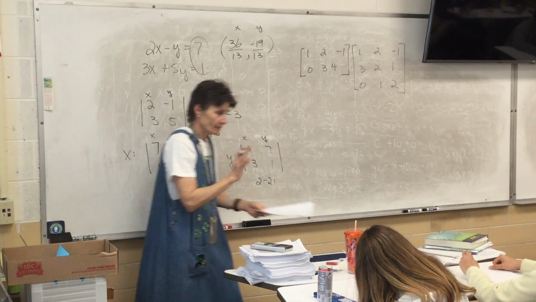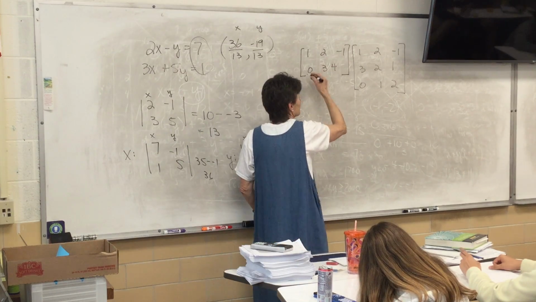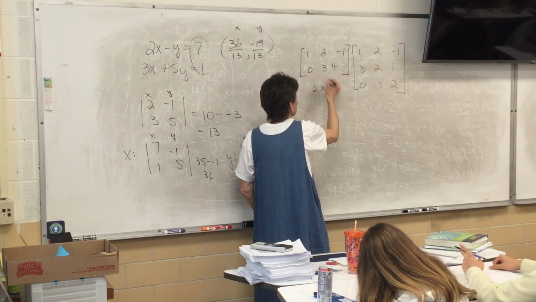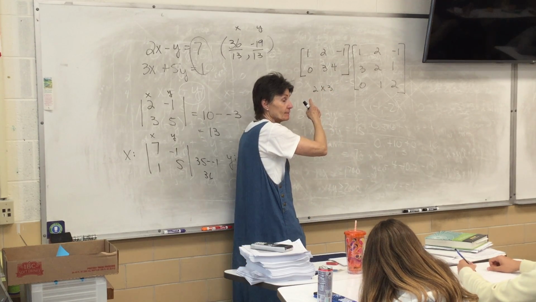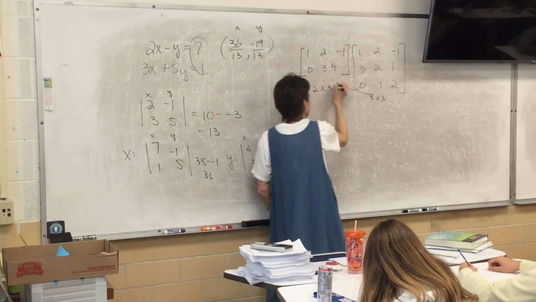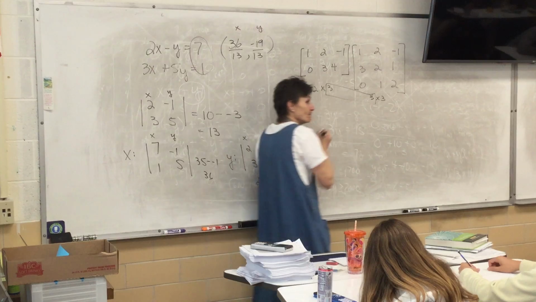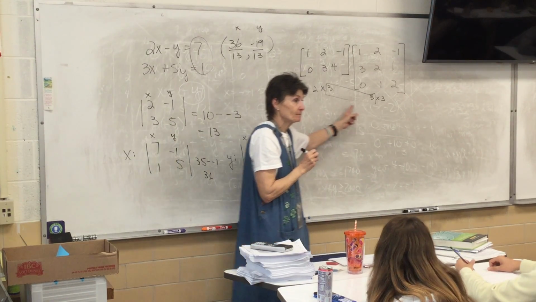Now, before you start, let's make sure we can even do it. 2 by 3. Please get the dimensions right. That's a 2 by 3. What's this one? 3 by 3. Oh, yeah. Can we multiply? Yes, because these match.